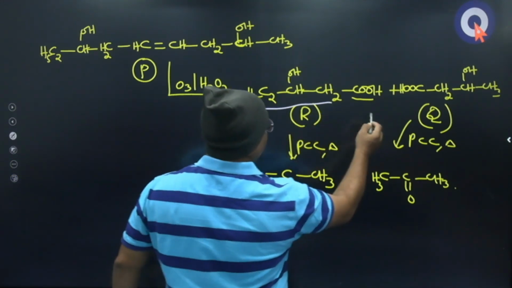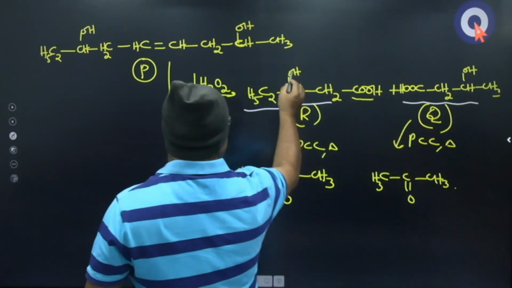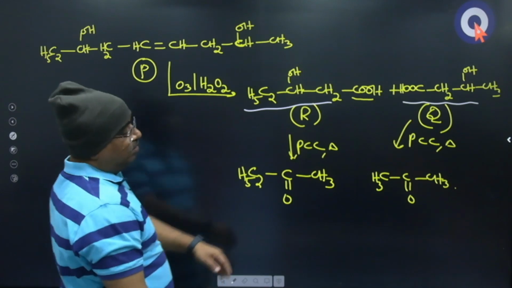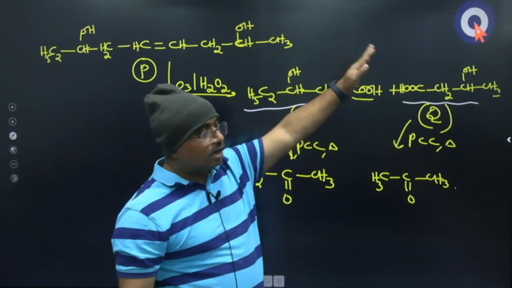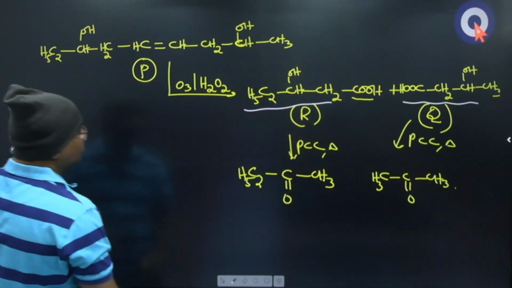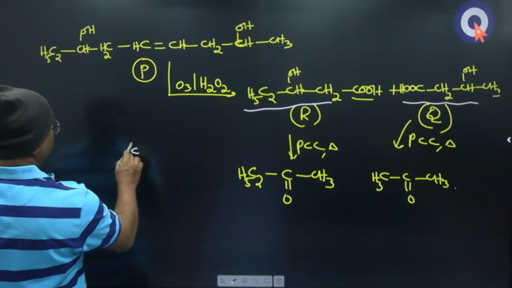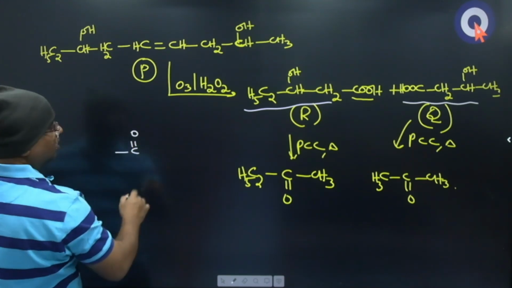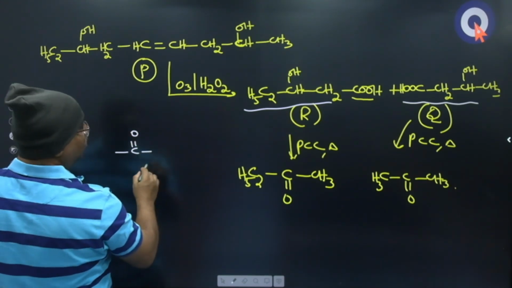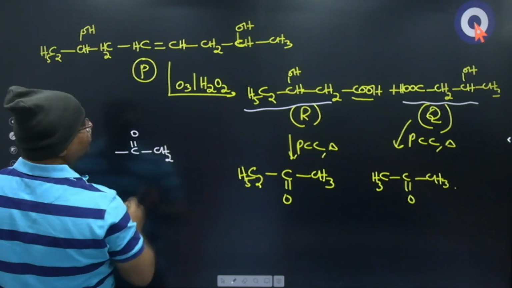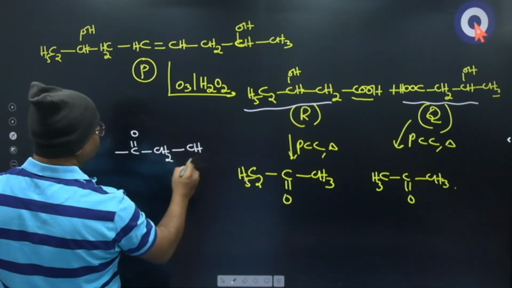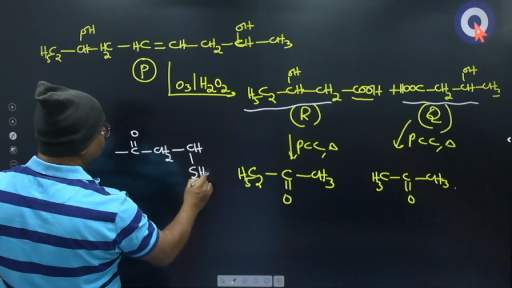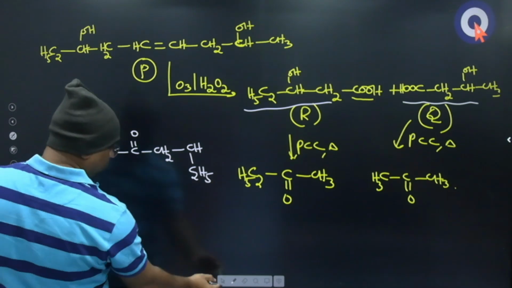When this compound and these compounds are treated, its alcohol group reacts with the acid there. Its acid group reacts with the alcohol there. And so you can write like this. So that it says C double bond O exists for this one end. Then you have CH2, you have CH, C2H5 for this. Let us write.